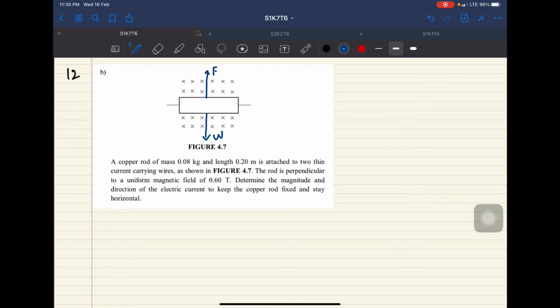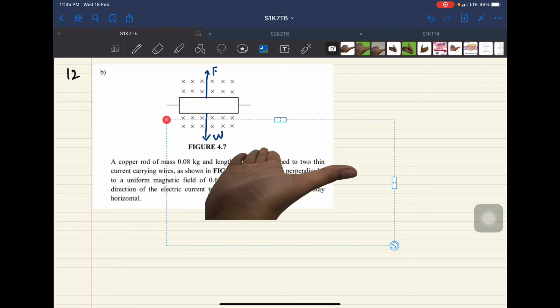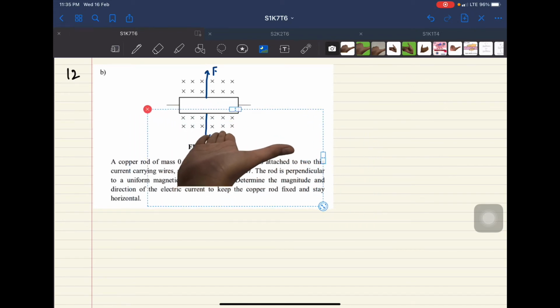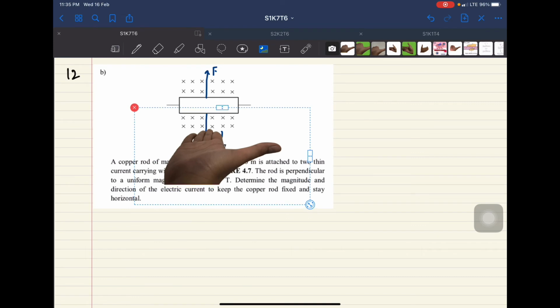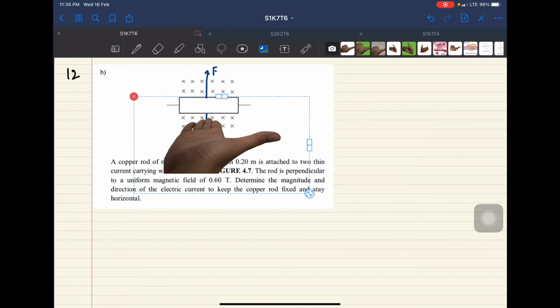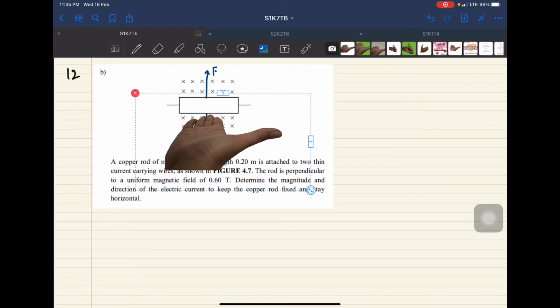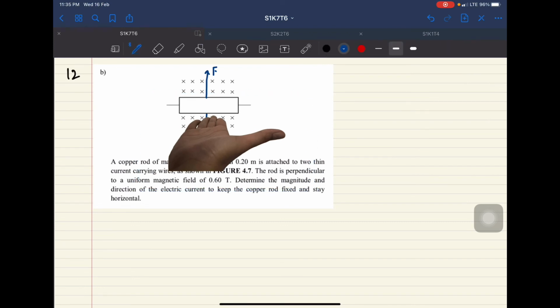So they ask you to determine the magnitude and the direction. If you want to determine the direction first, because we are talking about force, we can use the palm rule. You point your four fingers in the direction of magnetic field. In this case, the magnetic field is into the page. And if you want the force to be upwards, your palm needs to be upwards, so your thumb will be pointing to the right. So your thumb is actually the direction of current itself.